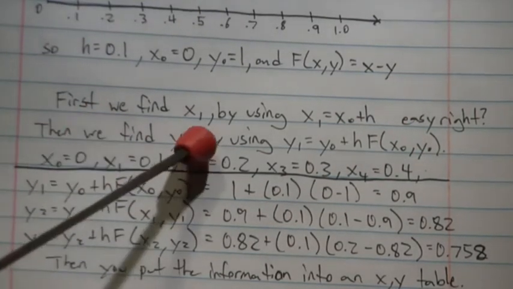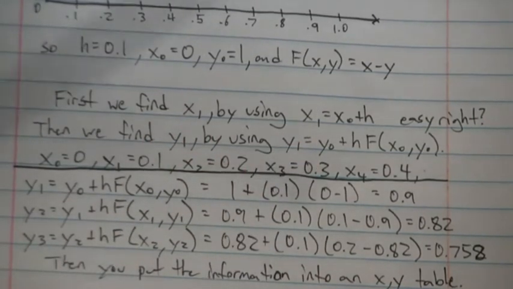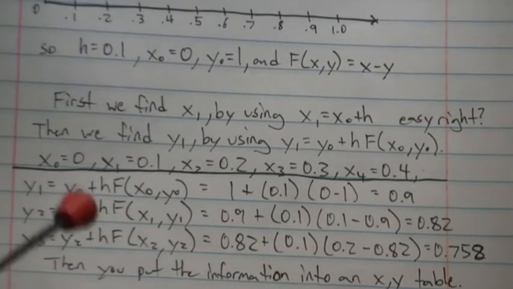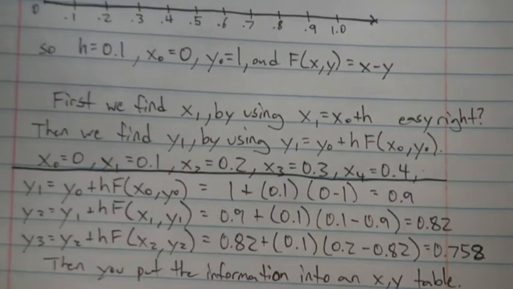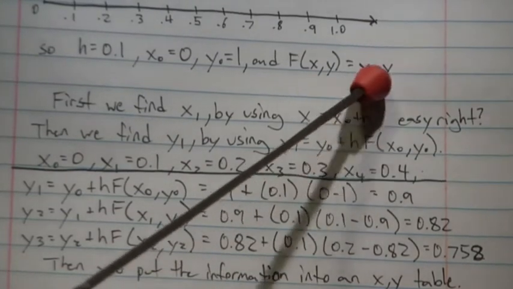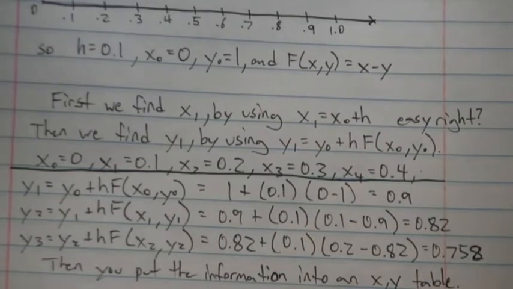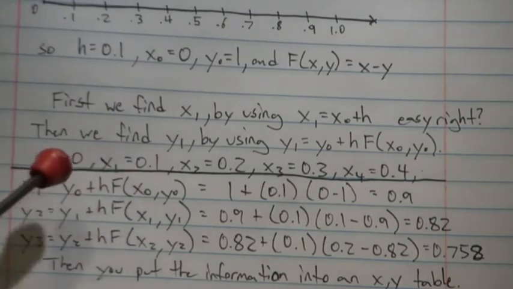Then we find y1 by using y1 equals y initial plus h times f of x initial and y initial, in parentheses.